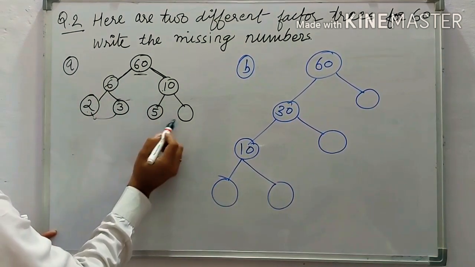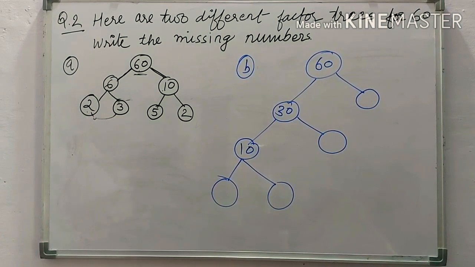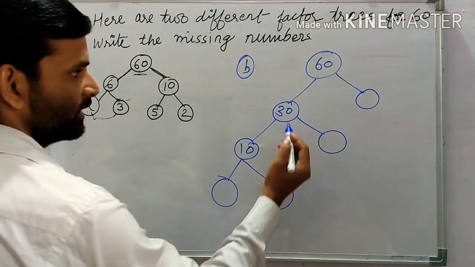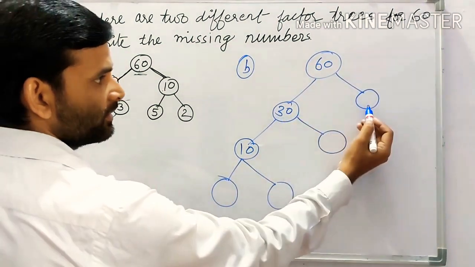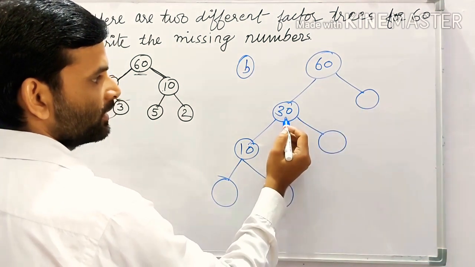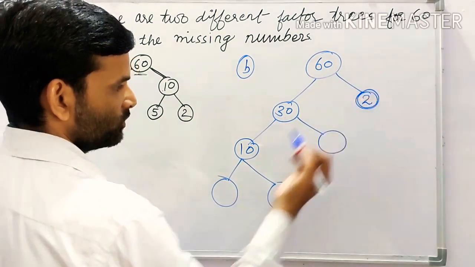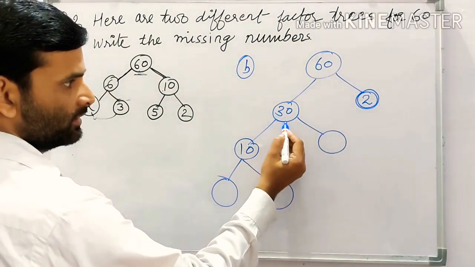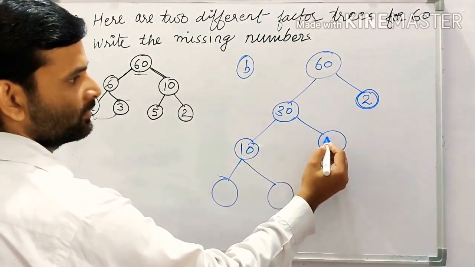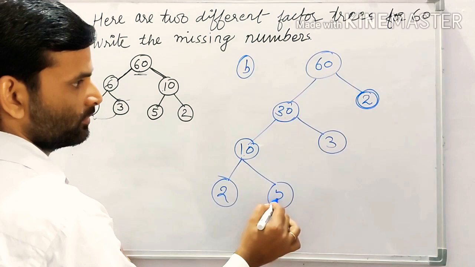Again, 5 times 2 is 10. Second, 60 splits into 2 factors, 30 and a missing number. So 30 into 2 is 60, so the answer is 2. Again 30 will split into two factors, 10 into 3. Again 10 is 2 into 5.